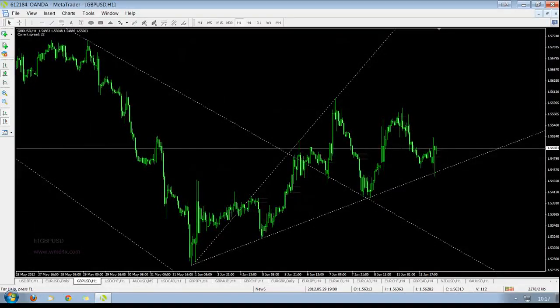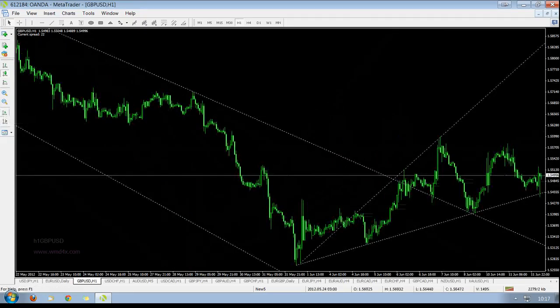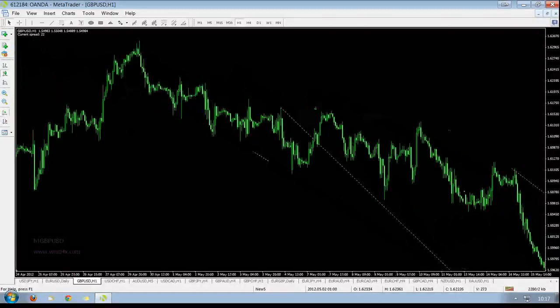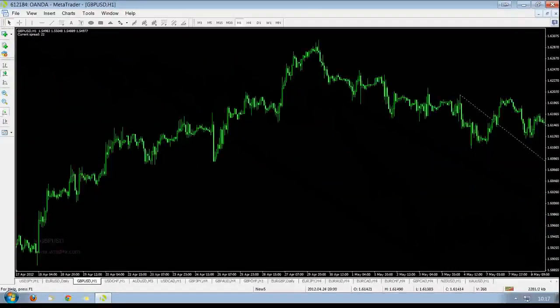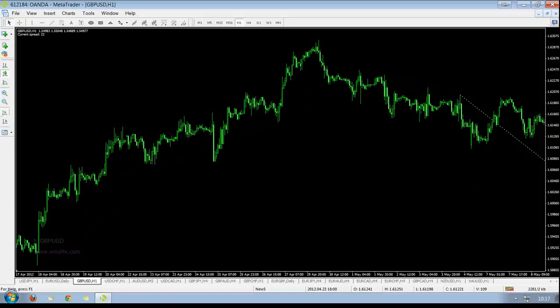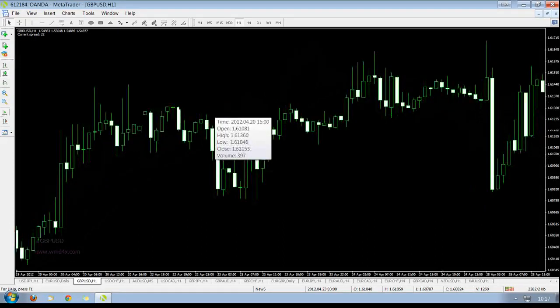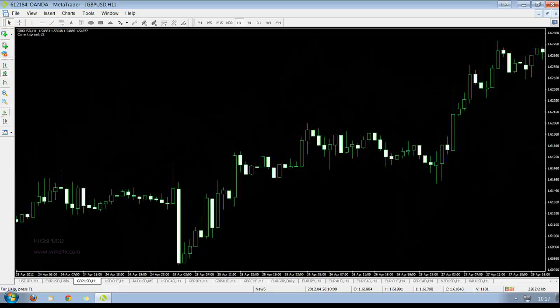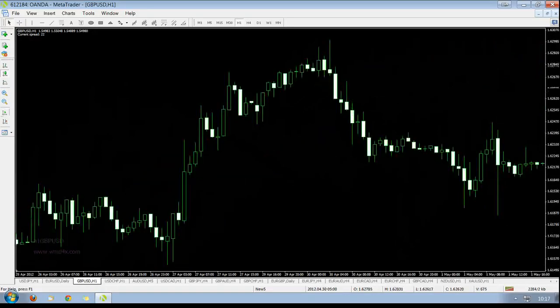I'm looking at cable, and we're going to come back and see quite a few patterns on cable this morning. But we're going to go all the way back to April, okay? And the pattern which attracted my attention on cable back in April was this construct here.